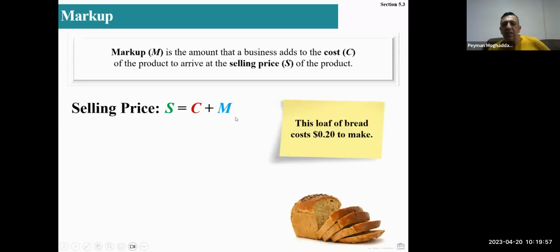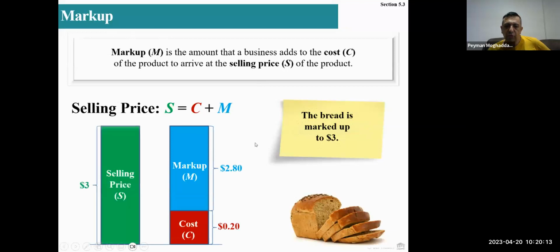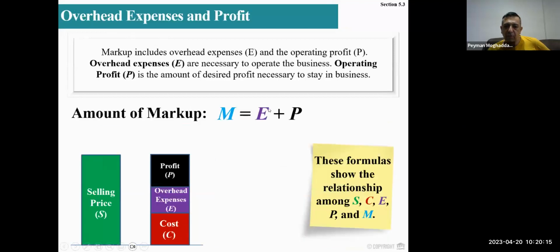All right. So what we learned in the past two weeks probably, we learned markup. And what was the markup? The selling price is cost plus markup, and markup is composed of two components: expenses plus profit, where expenses are basically overhead expenses.